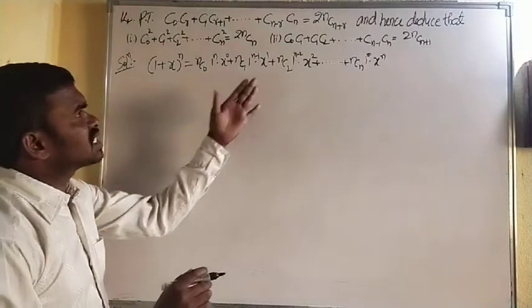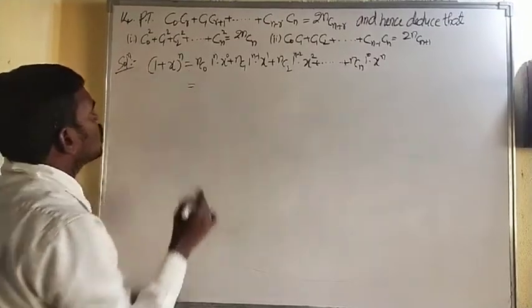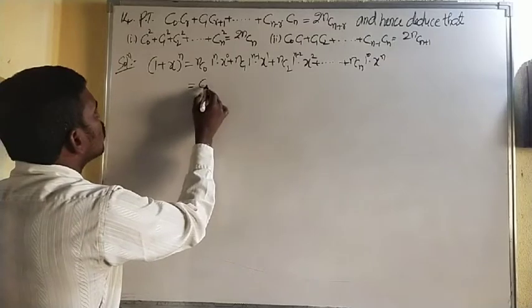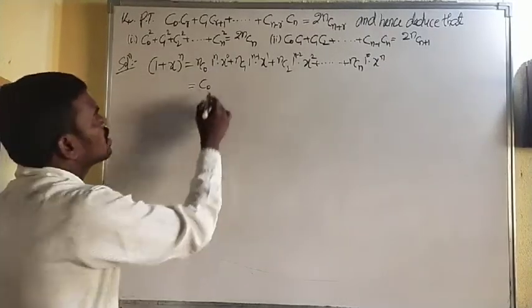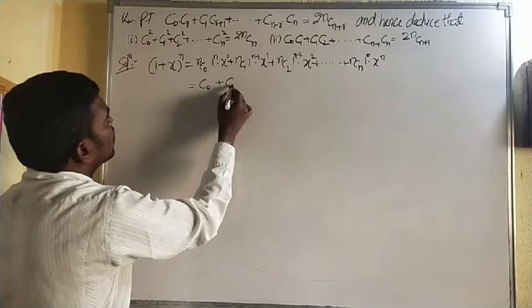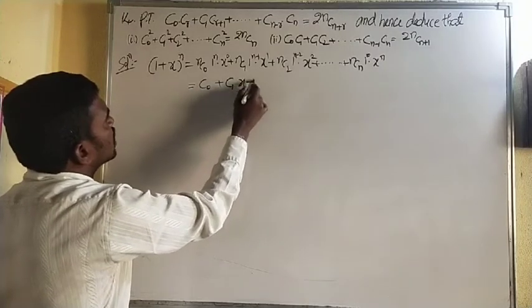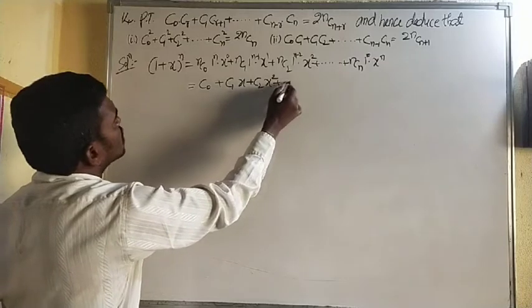Simplify this again. As I told you, nC0 is nothing but simply C0. 1 power n means 1, x power 0 means 1, so no need to write. Plus nC1 means simply we can write C1 x plus C2 x square plus so and so.